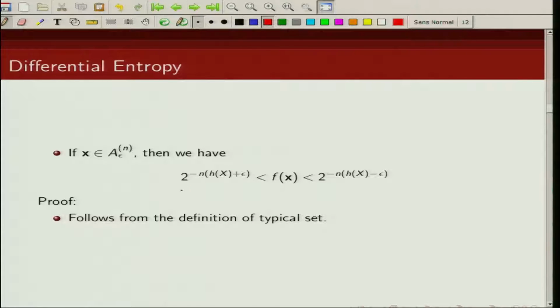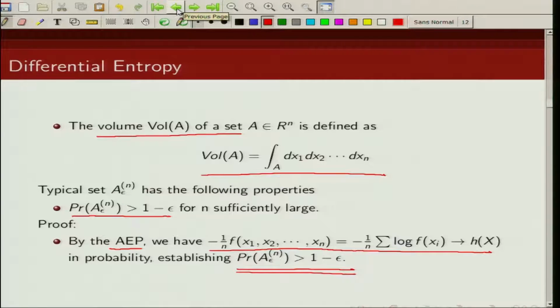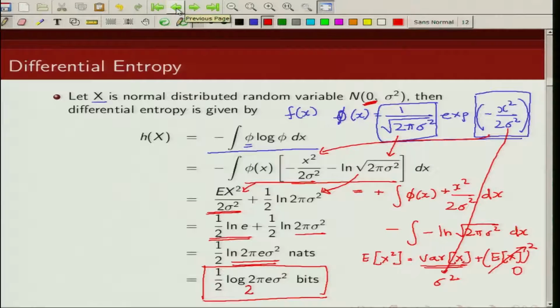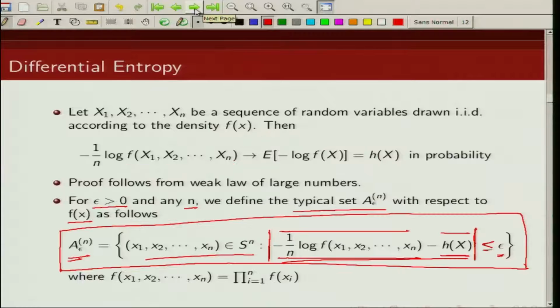The next property says that f(x) lies between this and this. Now this can be proved from the definition of the typical set. If you go back and look at the definition of the typical set, the difference between this empirical differential entropy and the true differential entropy, the absolute difference, should be less than or equal to epsilon.